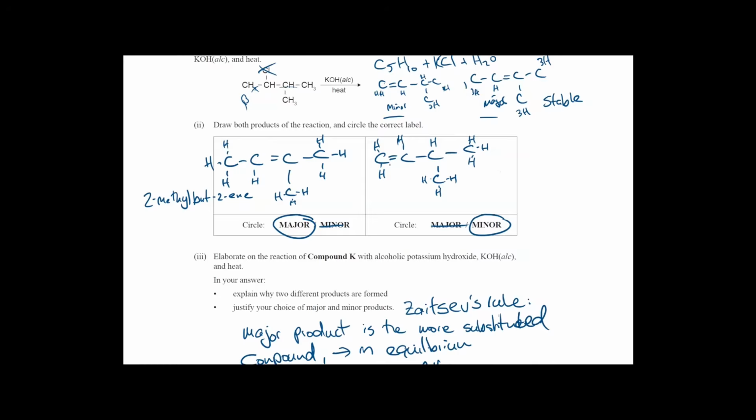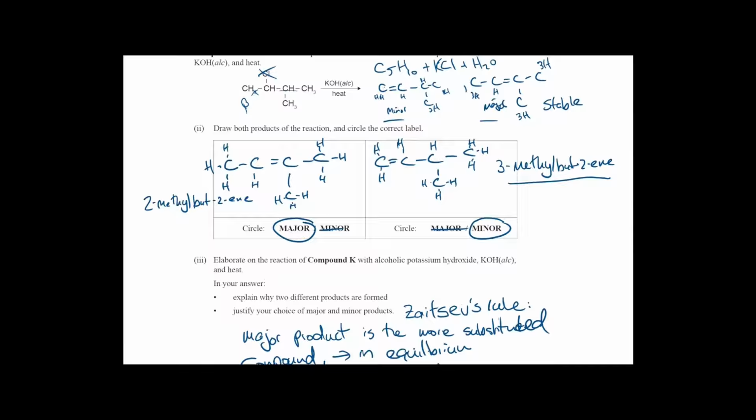Now, if we start from the functional group here, this is going to be 3 methyl butene, because it's between the first and the second, so the second ene, but they don't ask for the name anyway, so that's what that would be called. To get the full marks, you'd need to say Zaitsev's law, the major product.